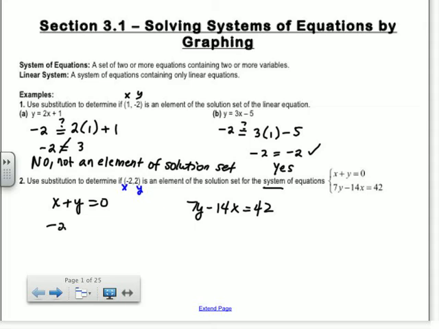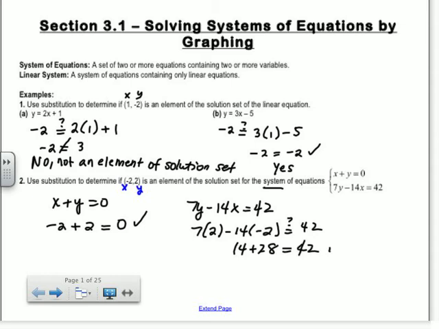So -2 plus 2 does equal 0. Now be careful in this one, the y's first, so it's 7 times 2 minus 14 times -2. I'm seeing if that's equal to 42. This is 14 plus 28. Does that equal 42? Yes. So this is a solution of the system.